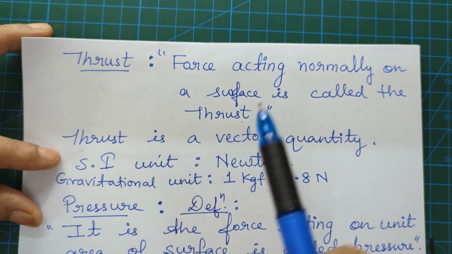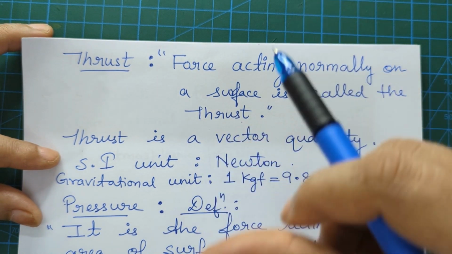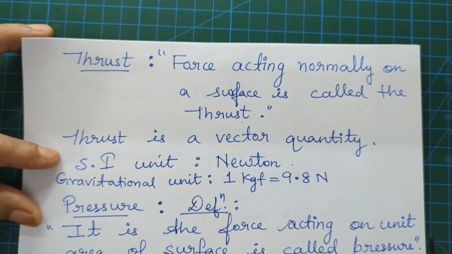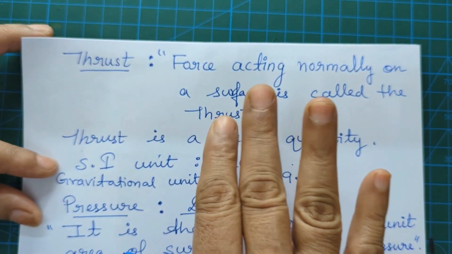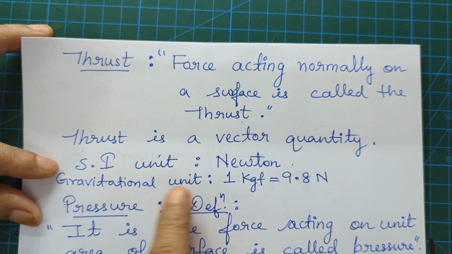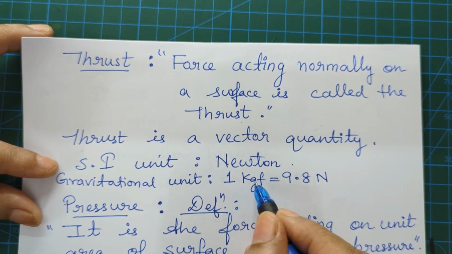So when it is applied in horizontal direction, then force is measured in terms of Newton. But if thrust is applied in a vertical direction, with respect to ground of course, then thrust will be measured in terms of gravitational unit of force. Gravitational unit of force is kilogram force or kilogram weight.